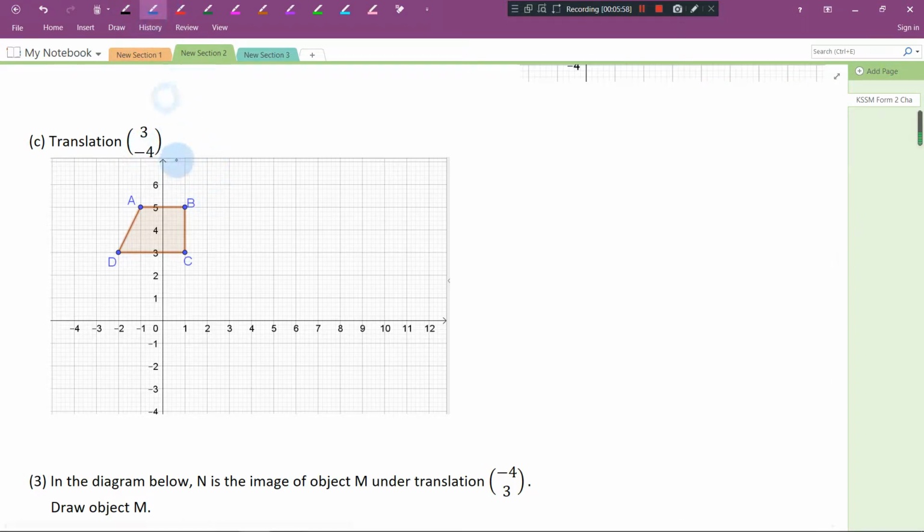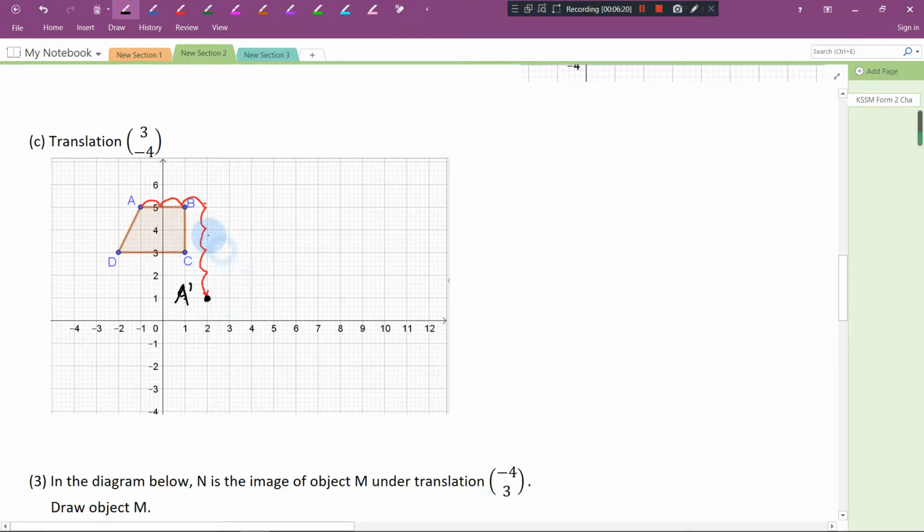So I start from A: 3 units go right, 1, 2, 3, and then 4 units go down, 1, 2, 3, 4. So this is A prime.